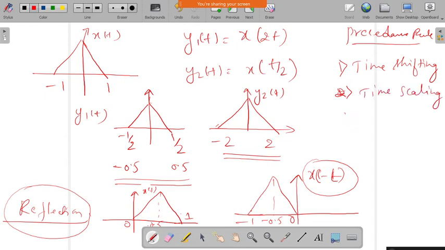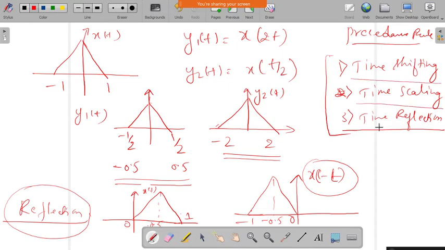Then we have to do the reflection. You need to follow this if the signal has all three operations in a single signal. First we do the time shifting, next time scaling, then the reflection.